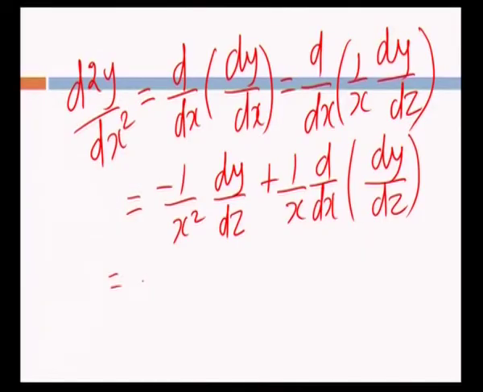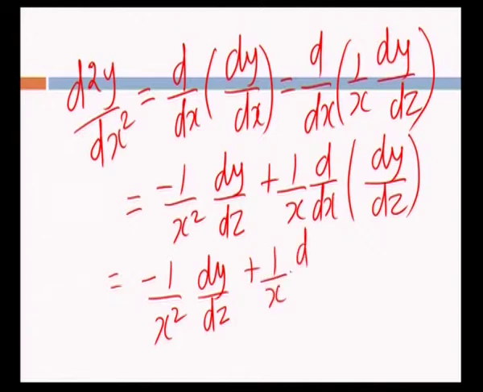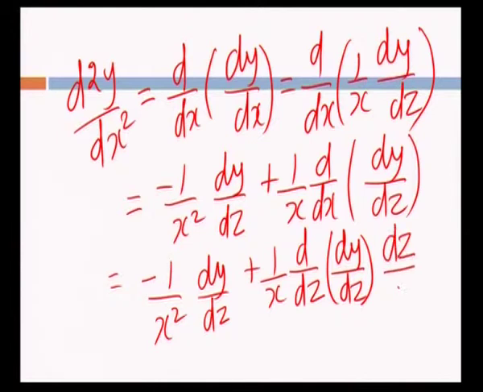Now, simplifying this step, we will get minus 1 by x square dy by dz plus 1 by x into d by dz of dy by dz into dz by dx. So, this is the step we get after simplifying. Again one more dy by dz differentiation is there, so that is done in this step.